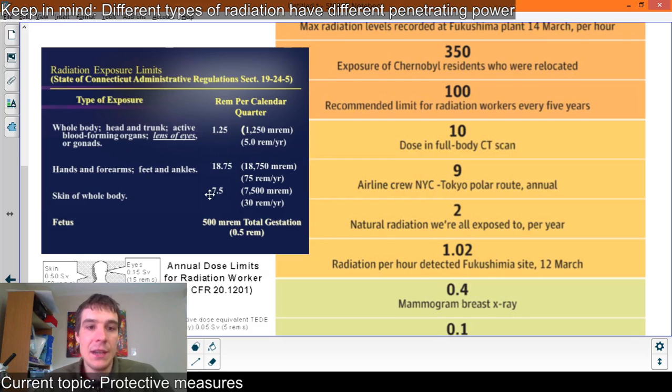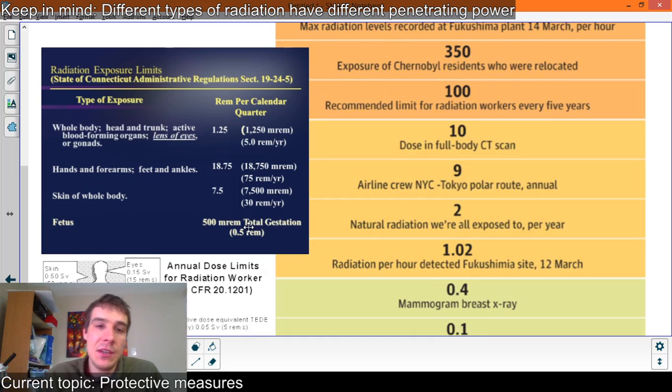Skin actually also has a higher exposure limit because your skin is constantly regenerating itself, so it'll heal off the damage faster. And then this is 5 rems a year, but if you go down to the fetus, if they have a pregnant radiation worker, she has to watch how much dosage she's getting, because about 1/10 of that is the limit for a fetus, just to protect the developing fetus, because it's actively dividing its cells.